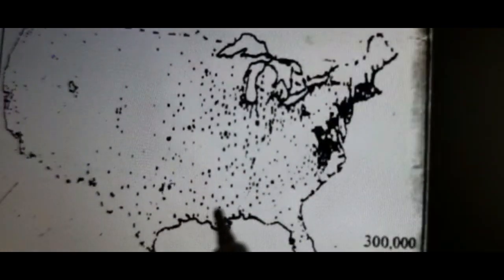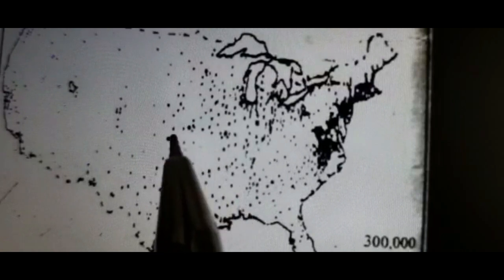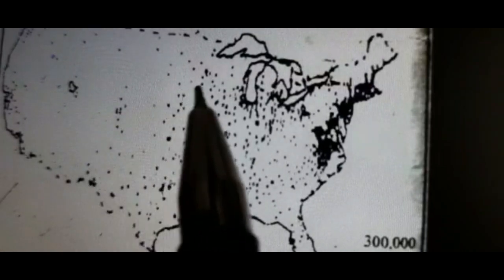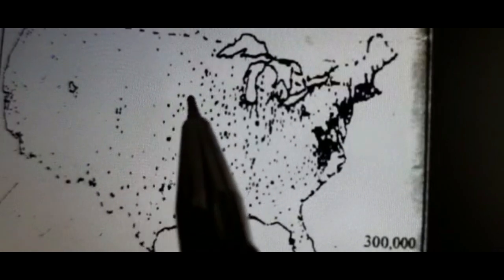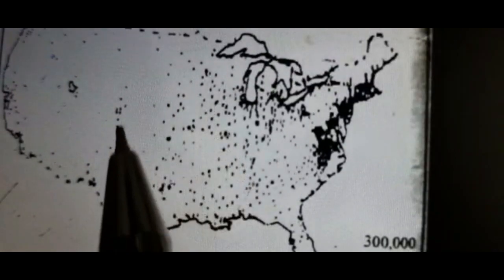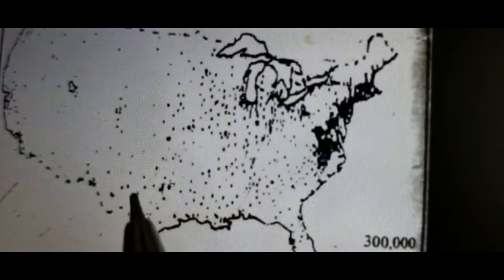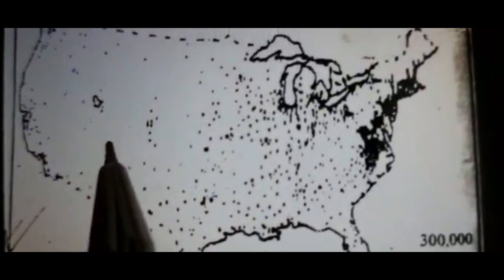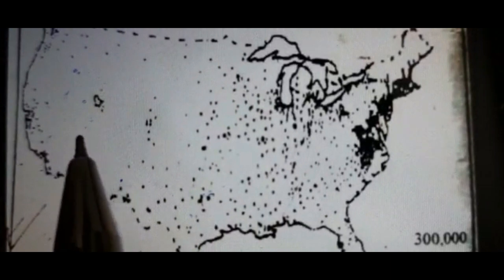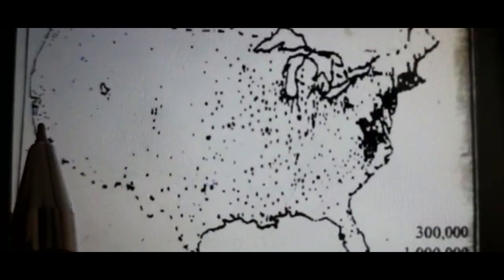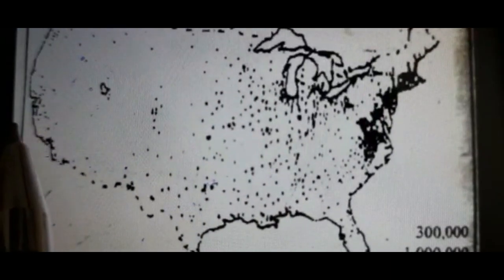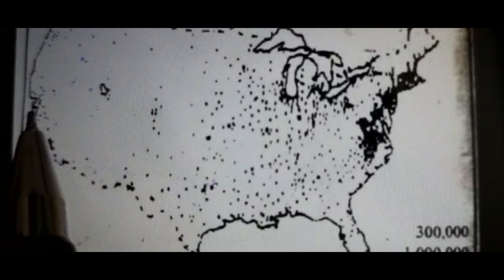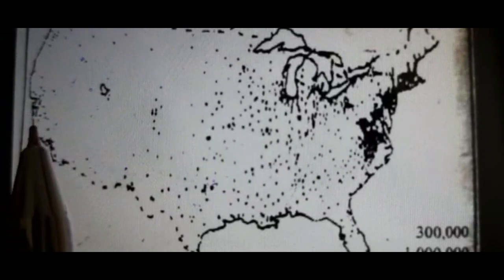Then when we move towards the central plains, we see less scattered dots. This represents less density of population. When we move to the west, again there is very little, but towards the Pacific coast we see some dense dots.